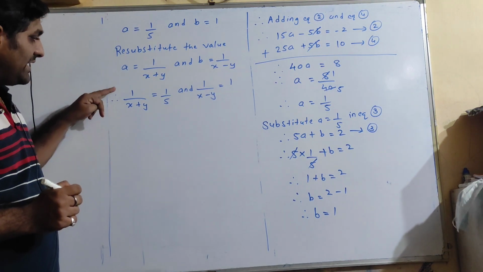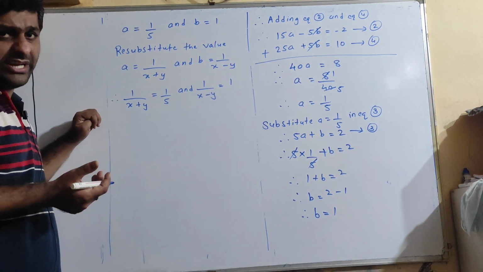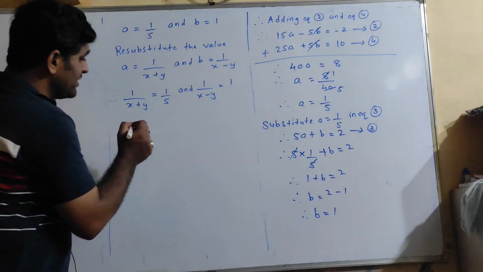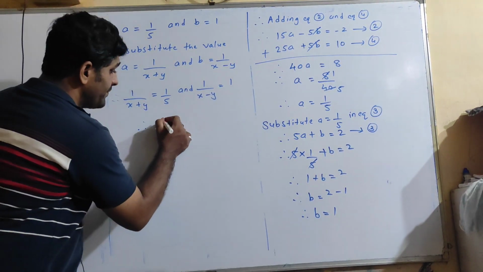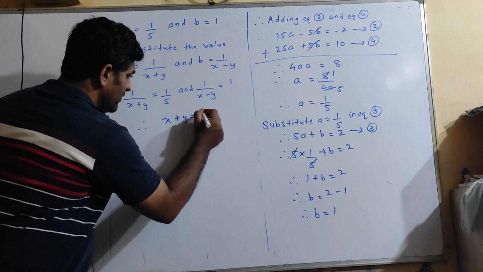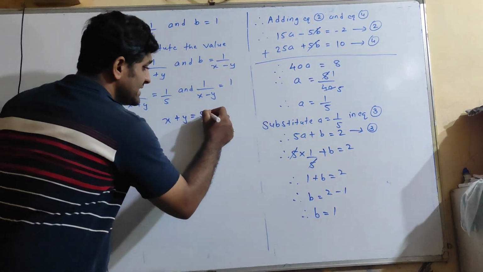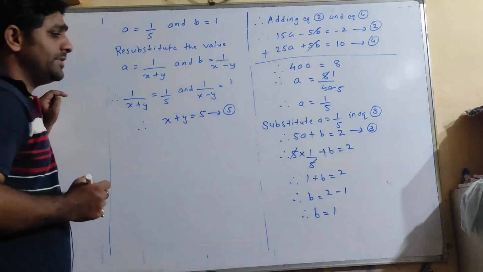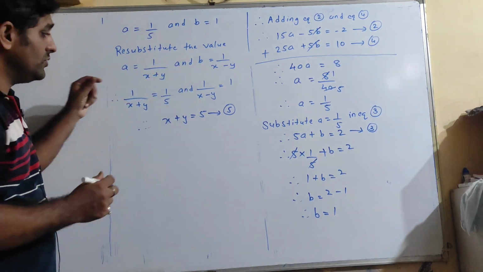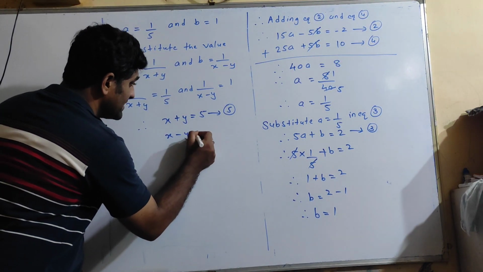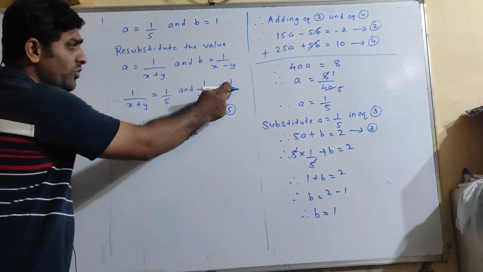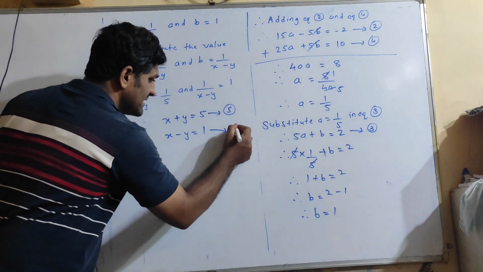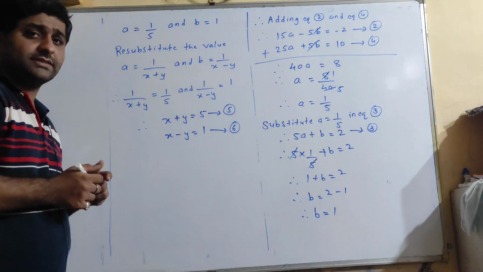Now again, students, as you know, it's in the denominator. We'll do invertendo. So when we do invertendo here, this will become x plus y equals 5. Let's take this as equation number 5. Again invertendo, so we'll get x minus y. Invertendo of 1 is 1. Let's take this as equation number 6.